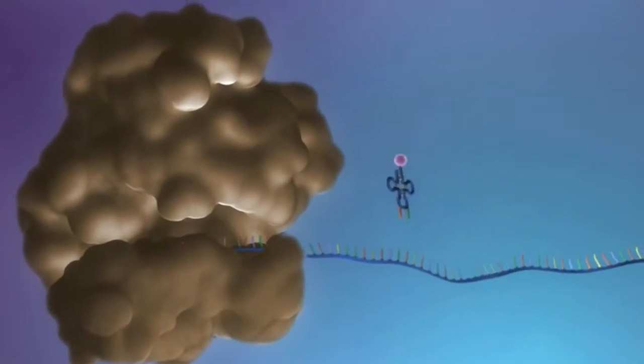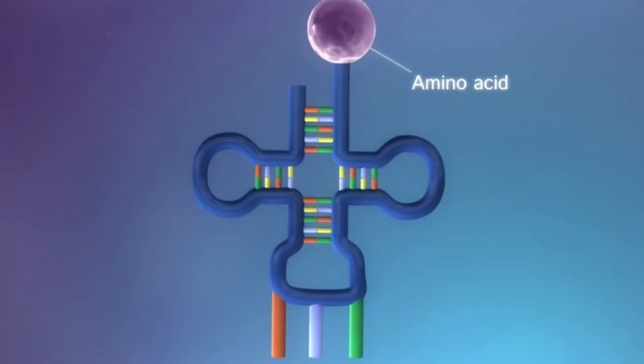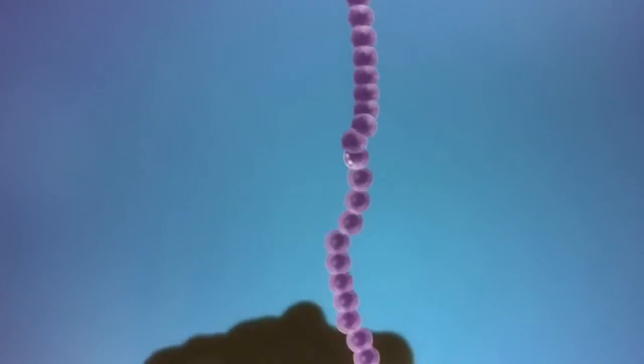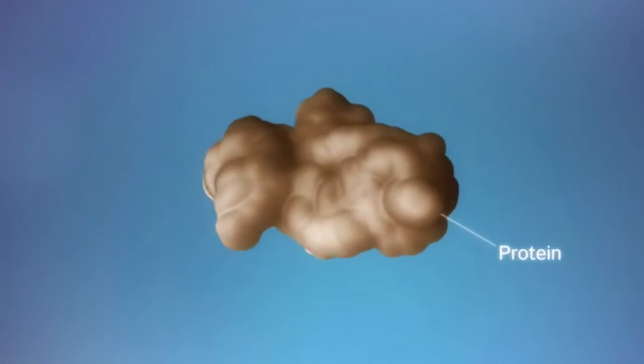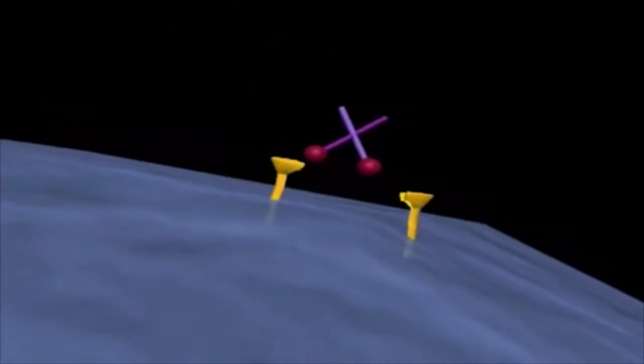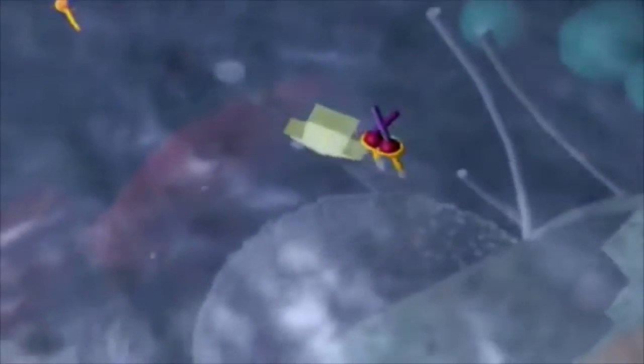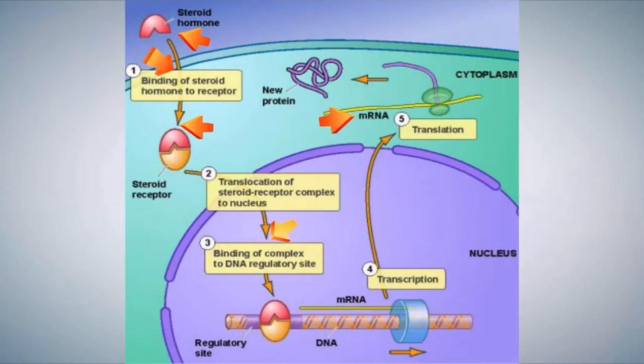It gets attached to ribosomes and, with the help of transfer RNA, forms a protein, which is a long chain of amino acids. The protein thus formed brings about the various cellular events. A protein formed as a result of activation of the receptor and downstream pathways controls the cell.